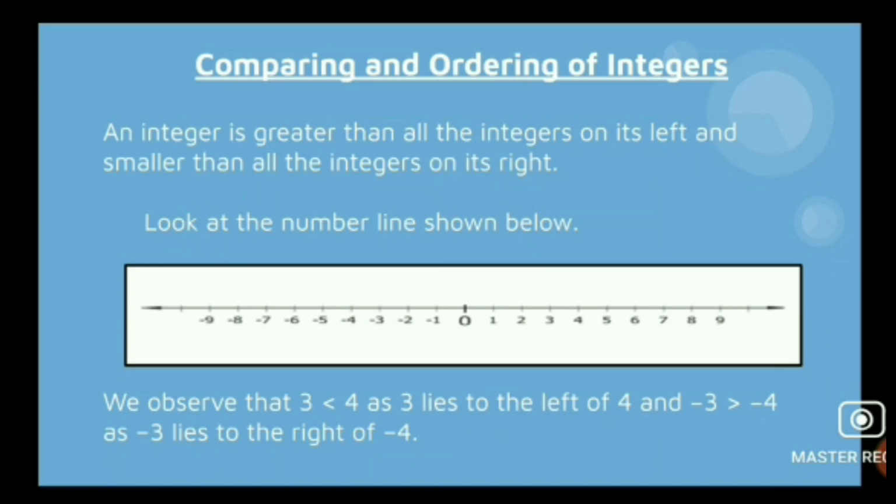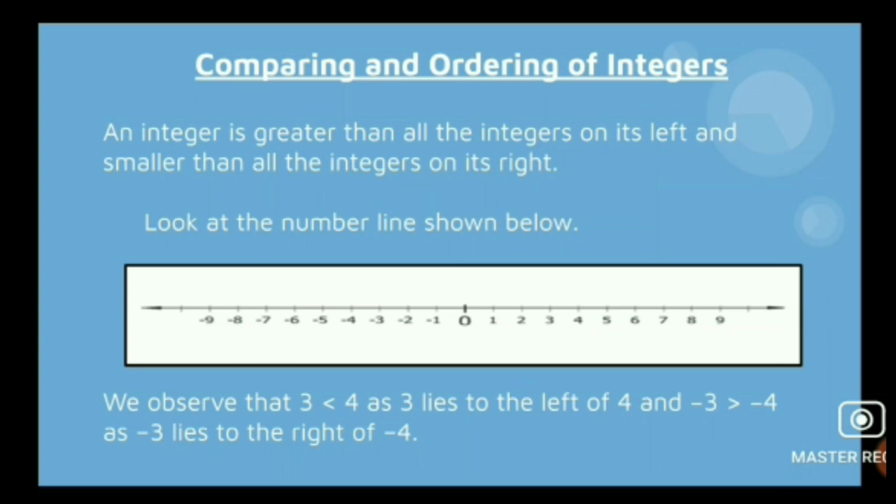Always plus 10 will be greater, and 0 is less than every positive integer. For example, when you are comparing 0 and 100, always 100 will be greater, and 0 is greater than every negative integer. For example, when you are comparing 0 and minus 100, always 0 will be greater.